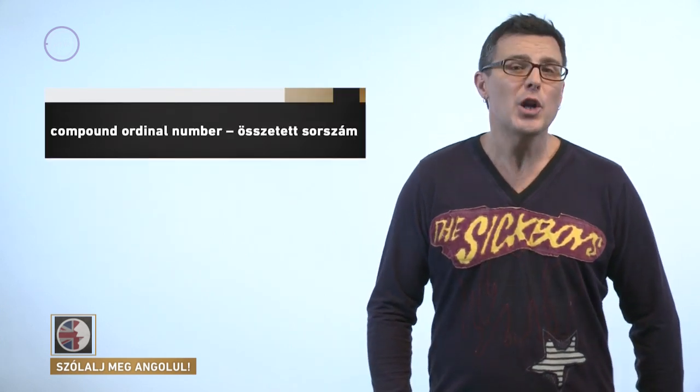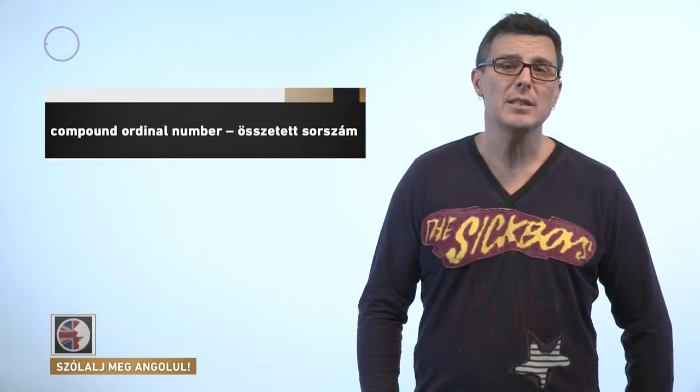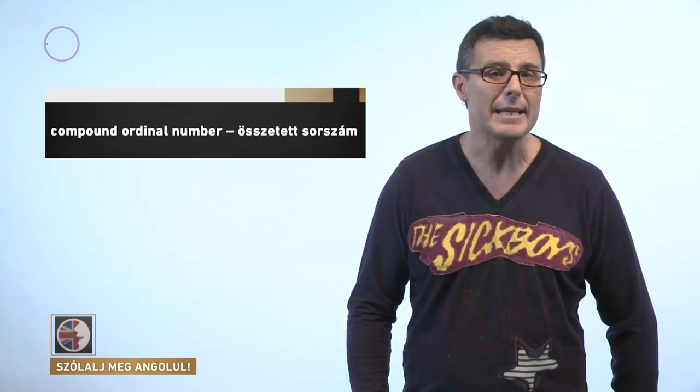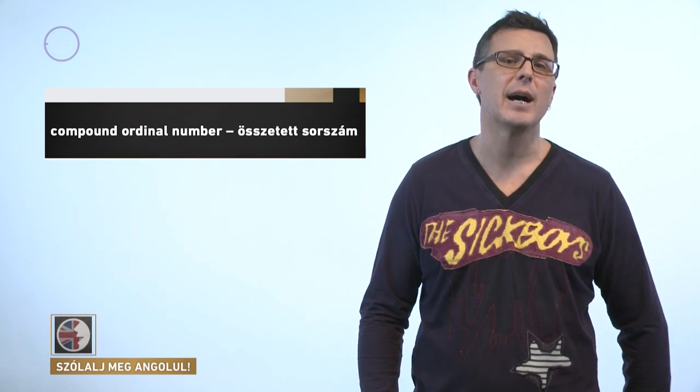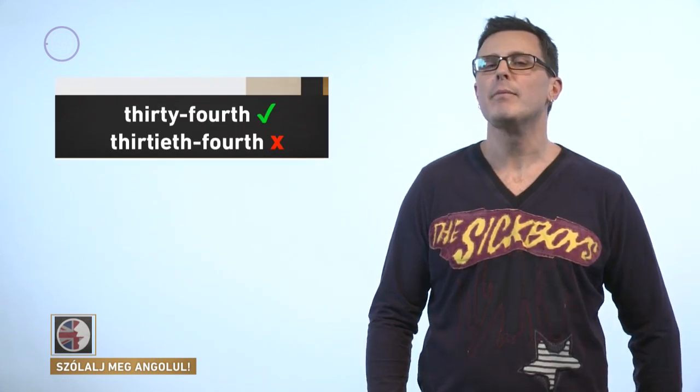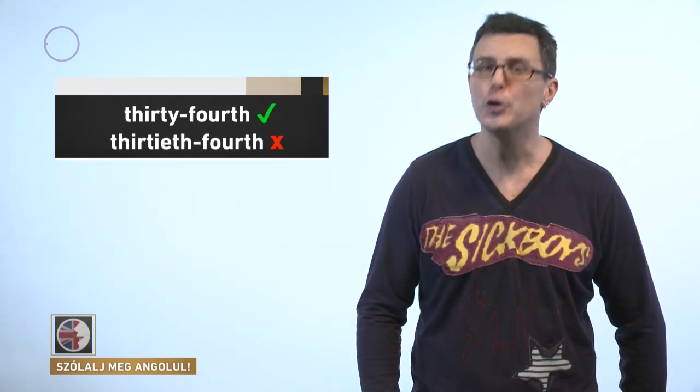Now we can tell dates in every month, because we know all the ordinal numbers from 1 to 31. We know what a compound ordinal number is, and we know that when we make a compound ordinal number, we only write the last number as an ordinal number. It's 34th, not 30th fourth.